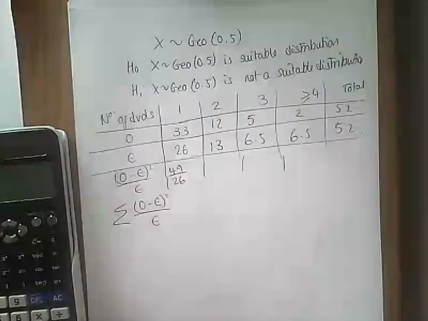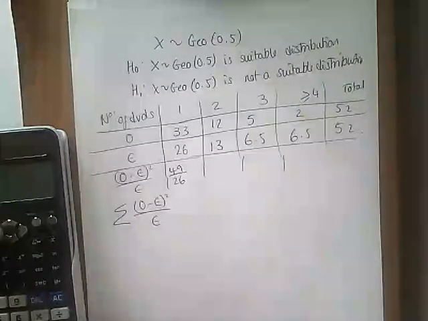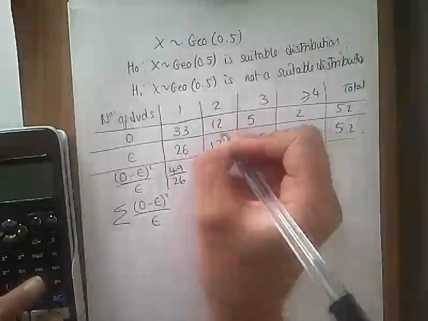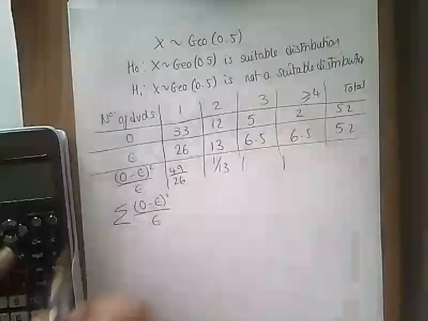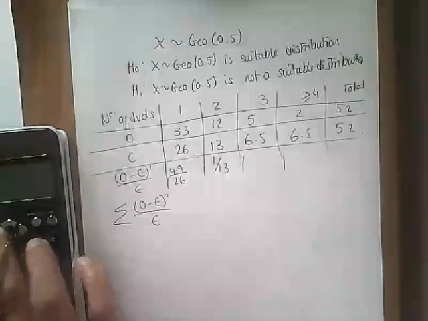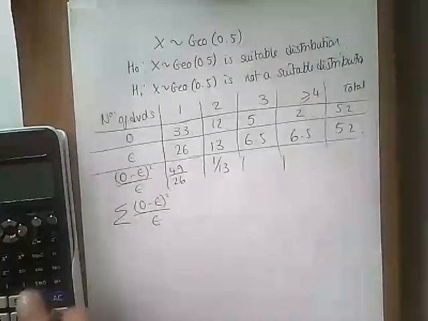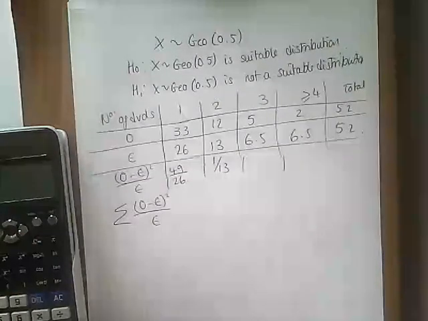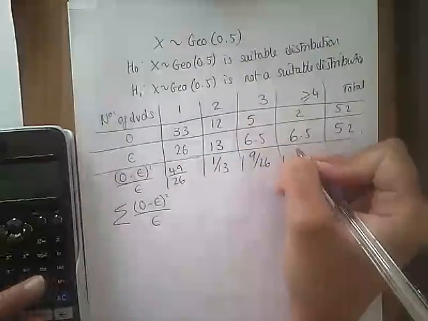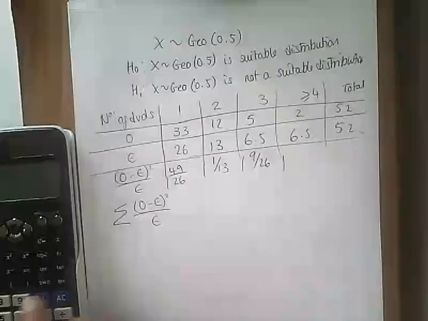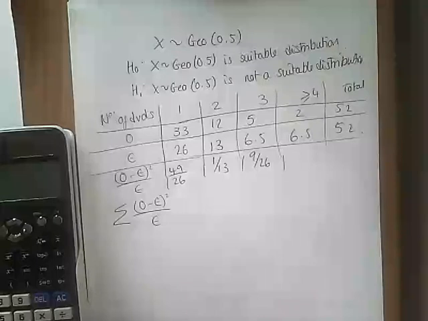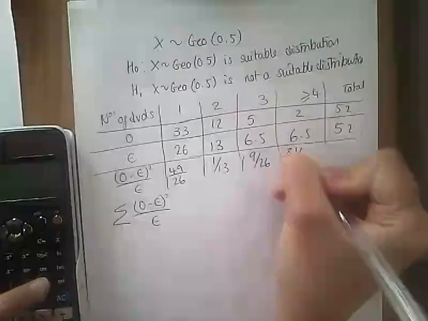So that is, you've got time to gather all your notes while I'm doing this. So that is 1/13. Then we've got 9 over 26. Then we've got, oh, did that wrong, 2 minus that, 81 over 26.